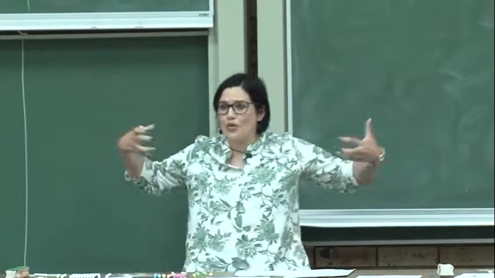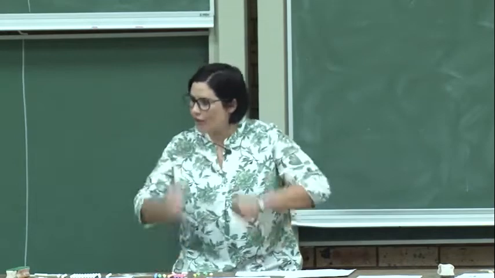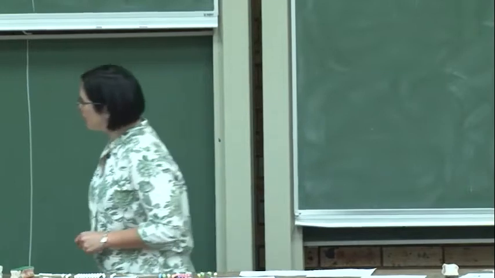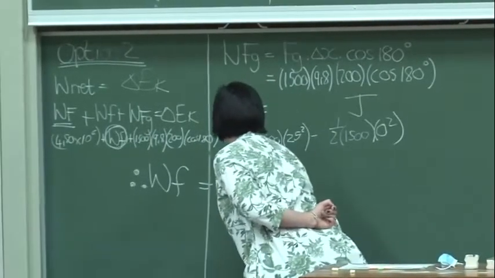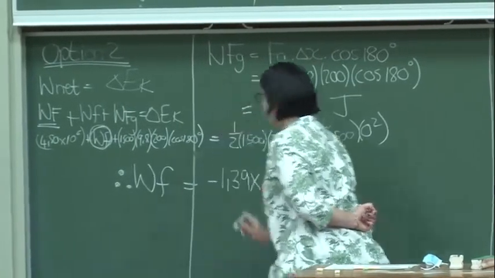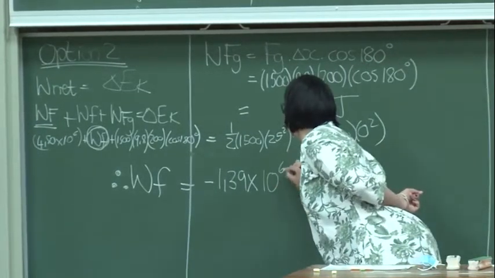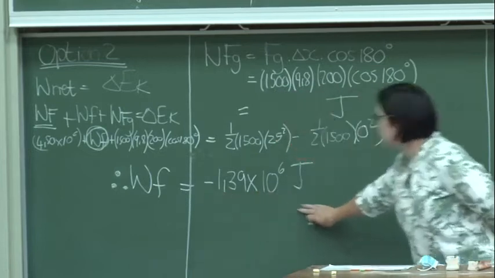It is removing energy from the system. So yes, negative. And I get the same answer that I got initially. And what was that answer? Negative 1,39 times 10 to the power of joules.